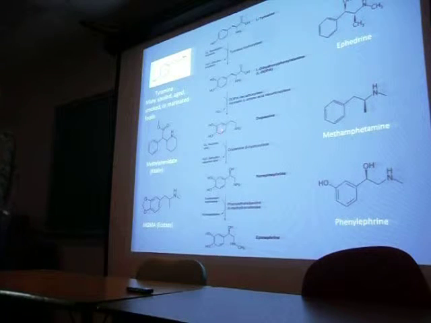But look how, without the hydroxyl groups, look how similar that is to these other things here, methamphetamine. You've got the benzene ring, a couple carbons, and then a nitrogen. You've got benzene, a couple carbons, and a nitrogen.